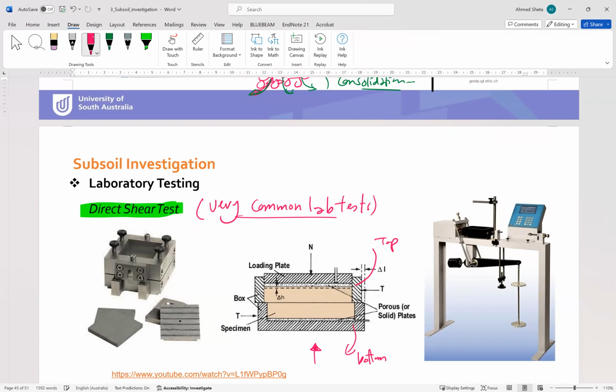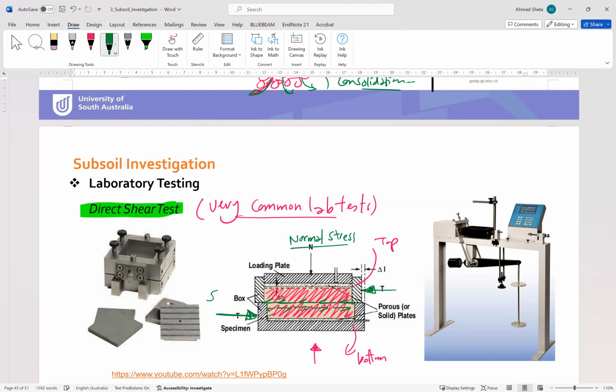And we have soil in this apparatus, and we are applying a shear force on this sample here. So we'll have shear stresses here, shear stresses here, pushing from here and pushing from the other side. So the soil will be under shear stress. Also, we are applying normal stress from the top.